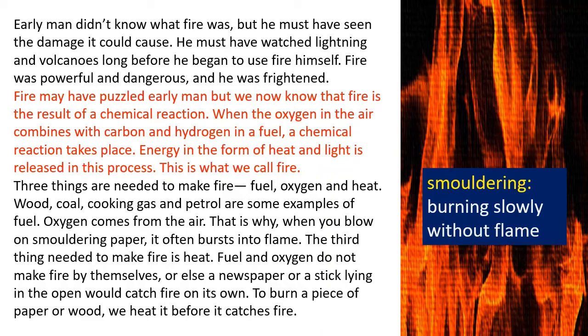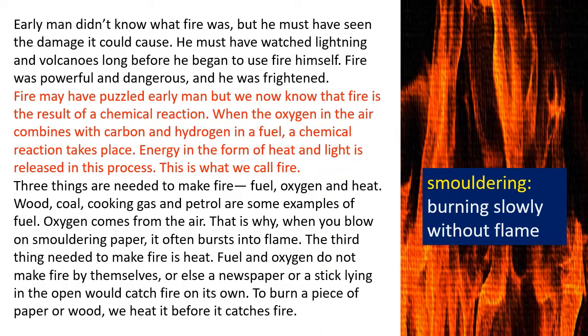Children, we need three things to make fire. Number one, fuel. Number two, oxygen. And number three, heat. Instances of fuel are wood, coal, cooking gas, and petrol. These are a few examples of fuel.